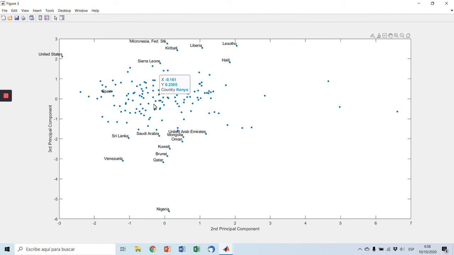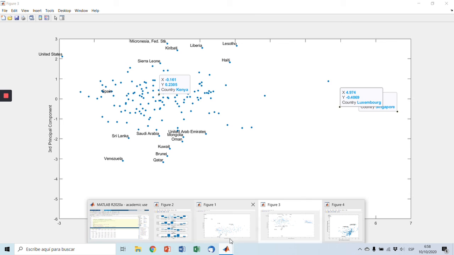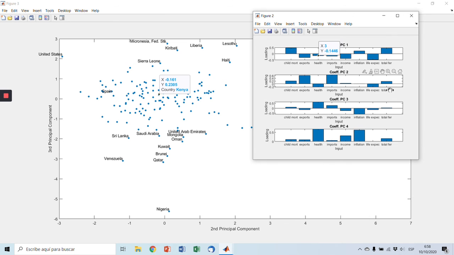And then you have countries that project very high in the second. For instance, we saw already Singapore, Luxembourg, and so on. And then countries that project very low in the third principal component. So let's see what the third principal component was.